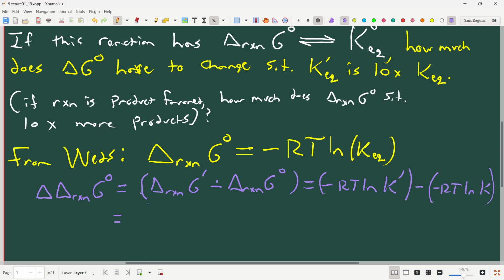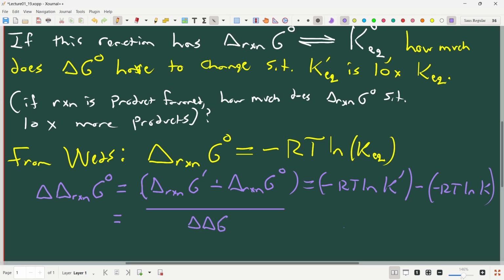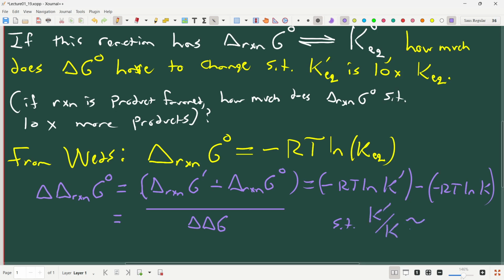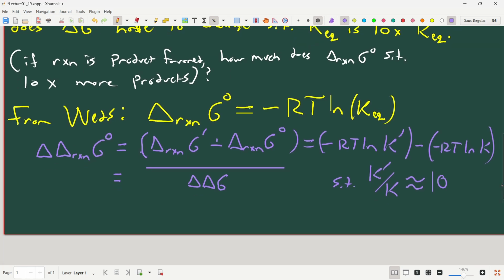So we want to calculate this difference in delta G such that K prime over K is 10. Right? Make it 10 times more product favored. All right, so let's just do a little bit of math.